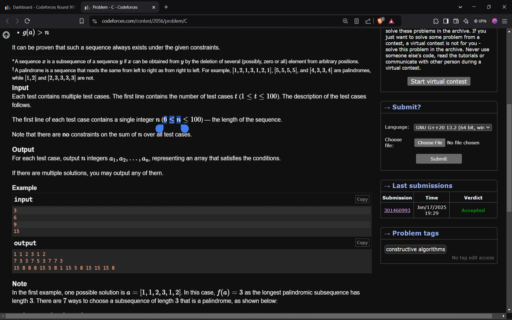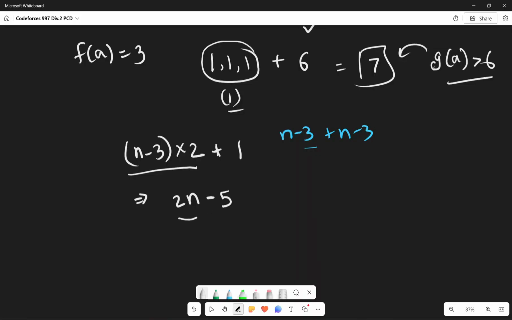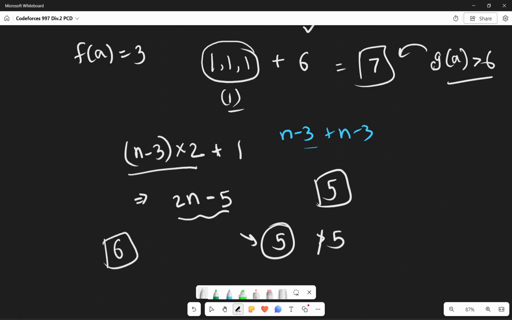Okay, cleverly they started n from 6. So if you plug in 5 in this formula, you will get 5, which is basically not greater than 5, right? But if you start from 6, you'll notice that it is 7, which is basically greater than 6.